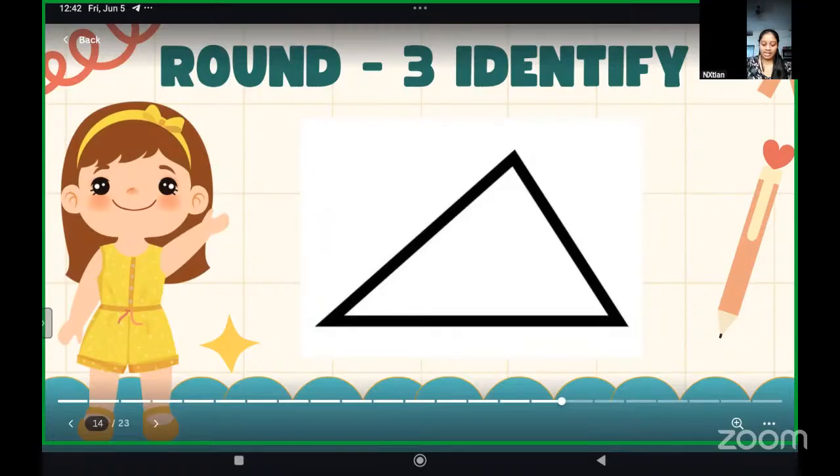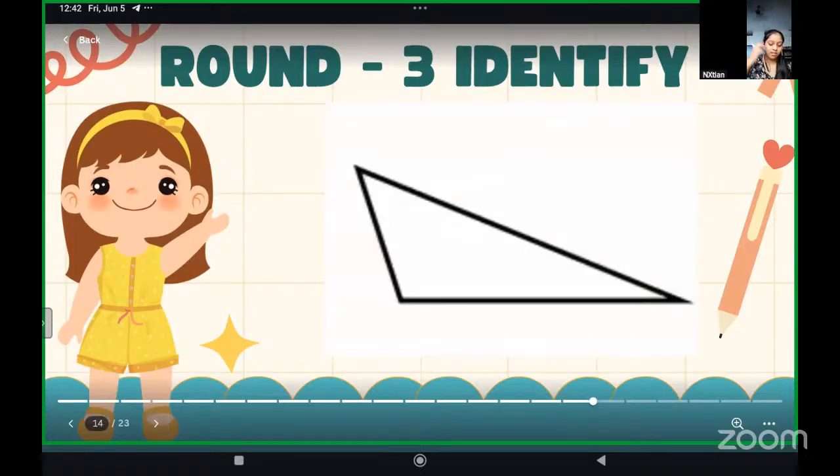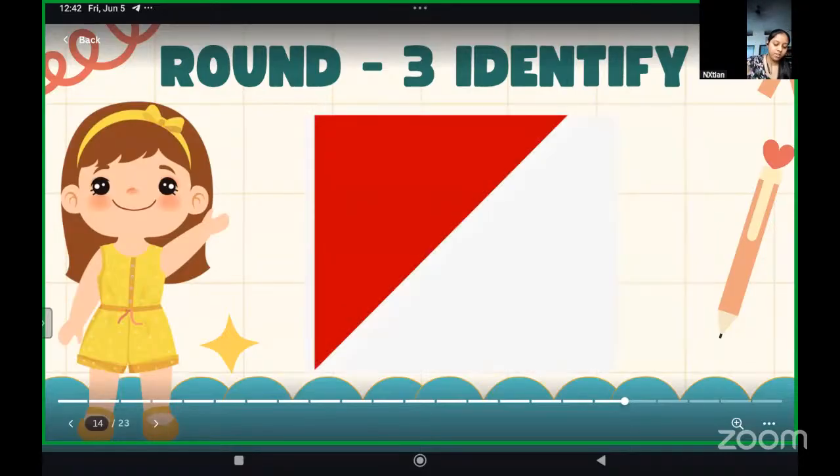Next, for Hannah. Hannah, based on the angles category, which triangle is that? Ma'am, obtuse. Okay. Last question, Eva. Which triangle is that, Eva?